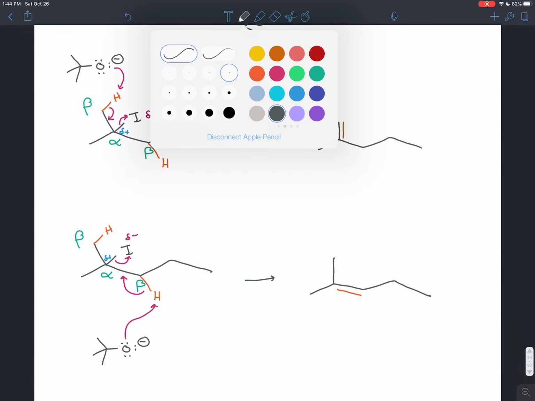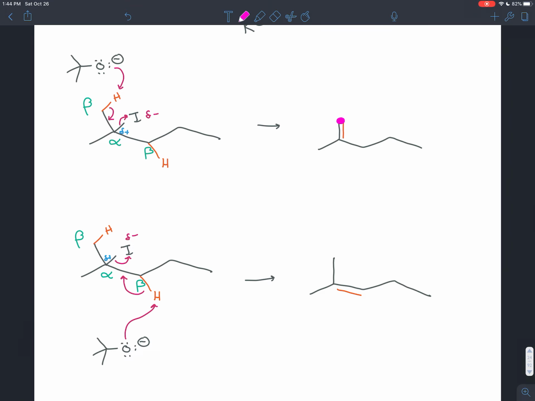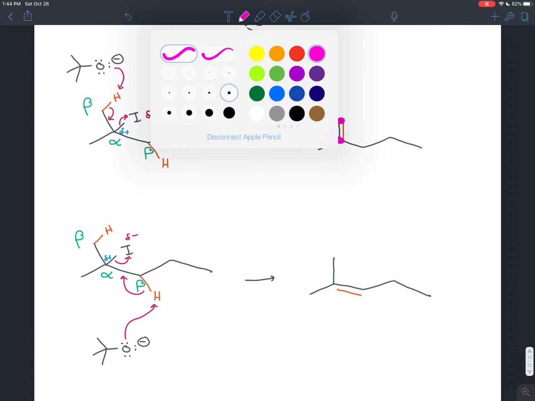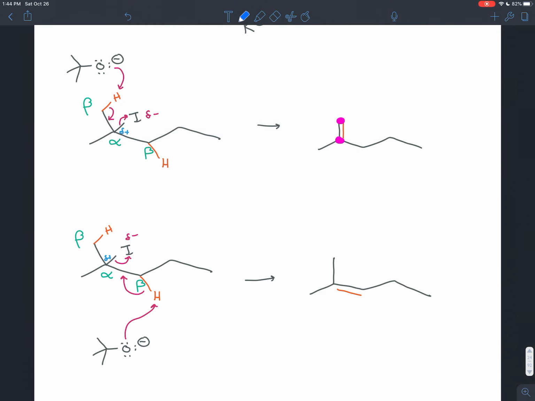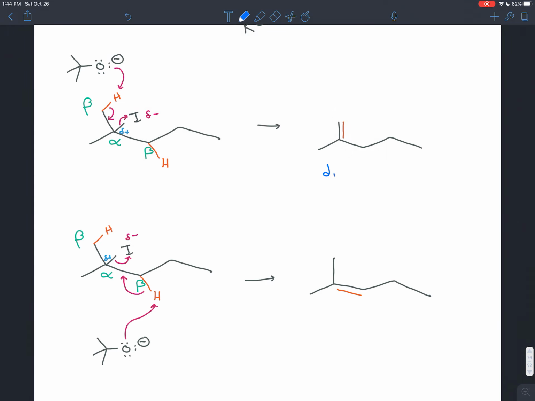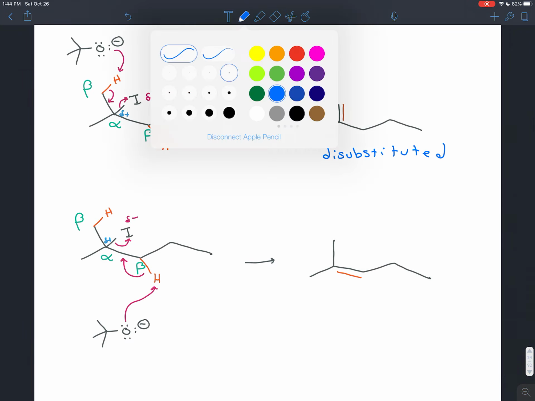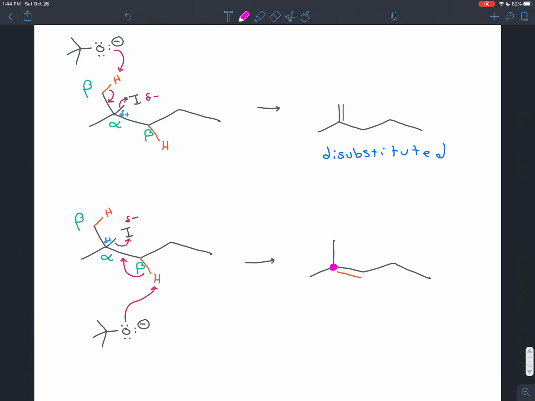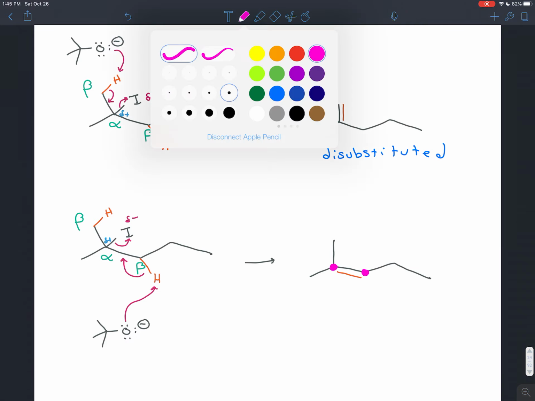Now, if you want to think about the stability of these products, which one is the Hofmann product, which one is the Zaitsev product, put dots at the two ends of the double bond and ask yourself how many carbons are coming off of those dots away from the double bond. Here we have two. So that double bond is di-substituted. We can do a similar process of thought in this bottom one: two dots at the ends of the double bond.